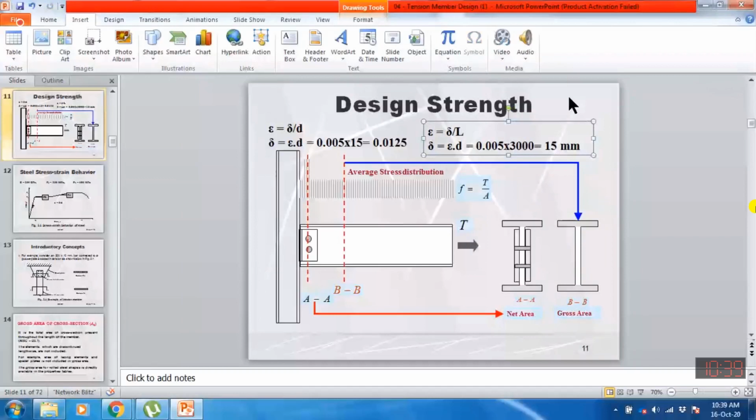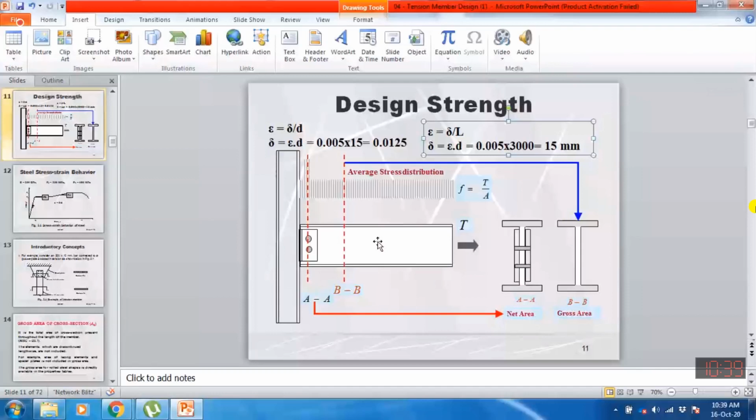So what will happen? Steel is not broken at this point. It is just yielded. But due to the yielding, the length becomes very large, so it has been elongated by a larger amount. If I remove the load, the member will never come back to the original position. So it will disturb the geometry of the structure. When the geometry of the structure changes, the structure's stability will also be disturbed, so the member will not be able to fulfill its load carrying properties.